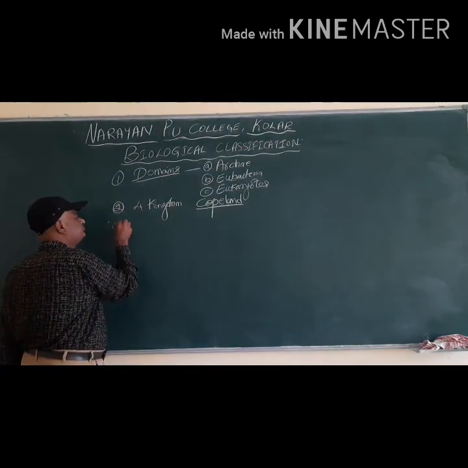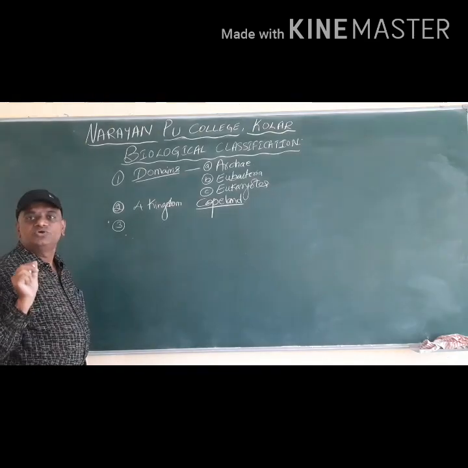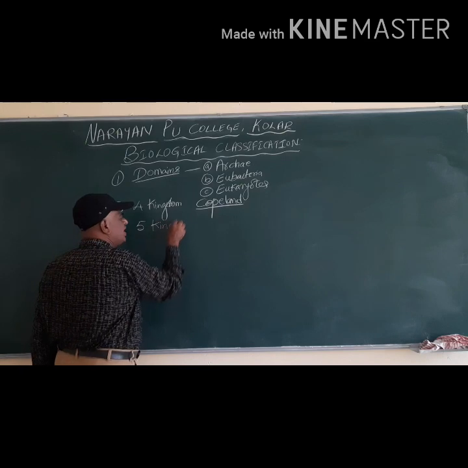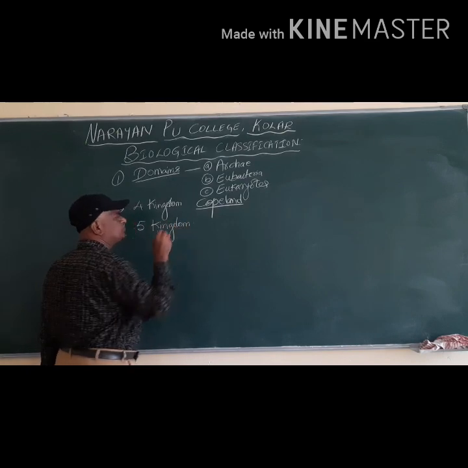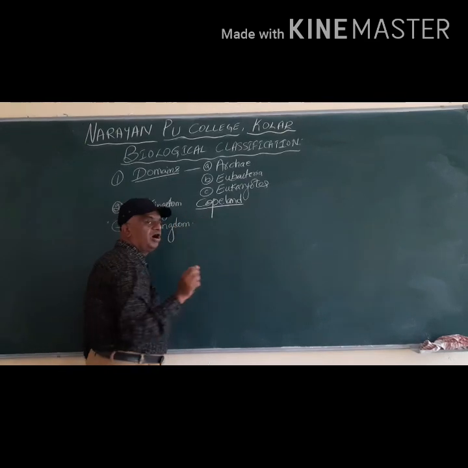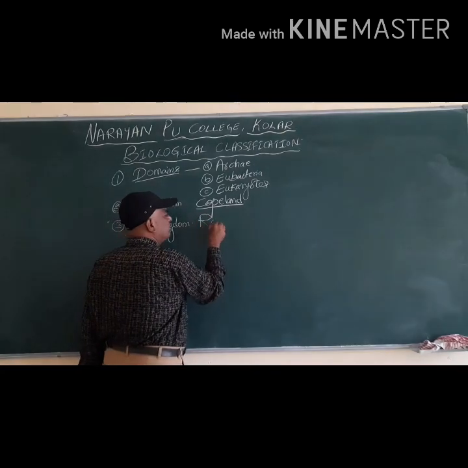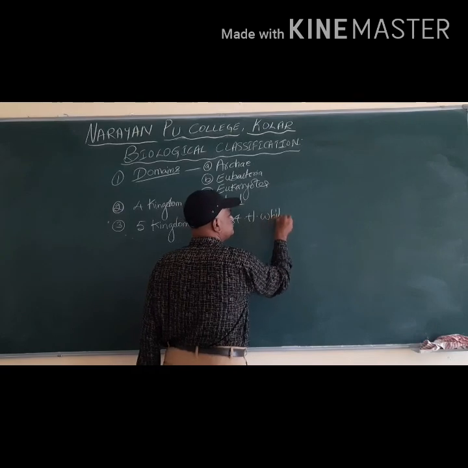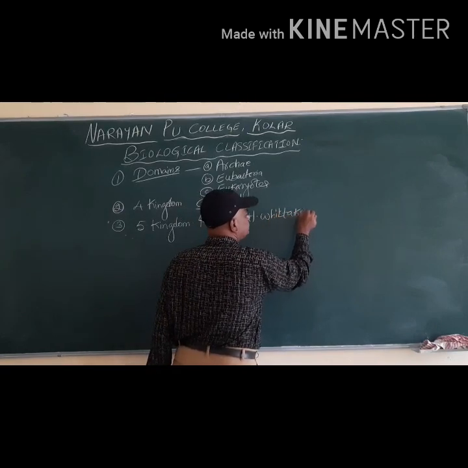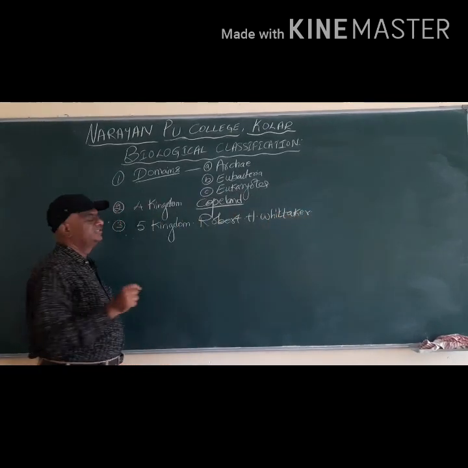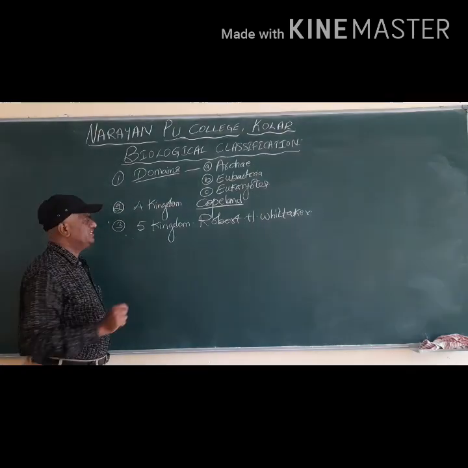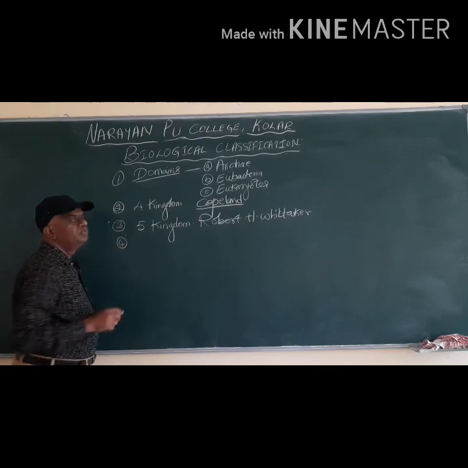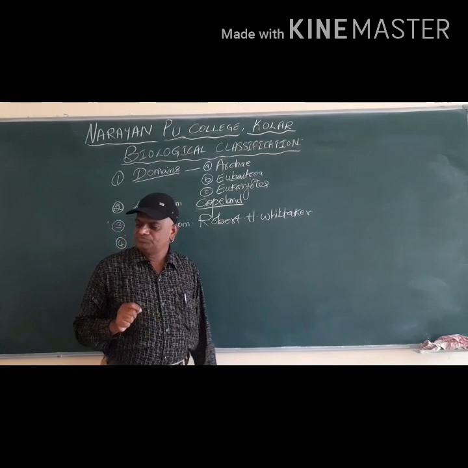Now the next question: the five kingdom classification was proposed by R.H. Whittaker, or Robert H. Whittaker.